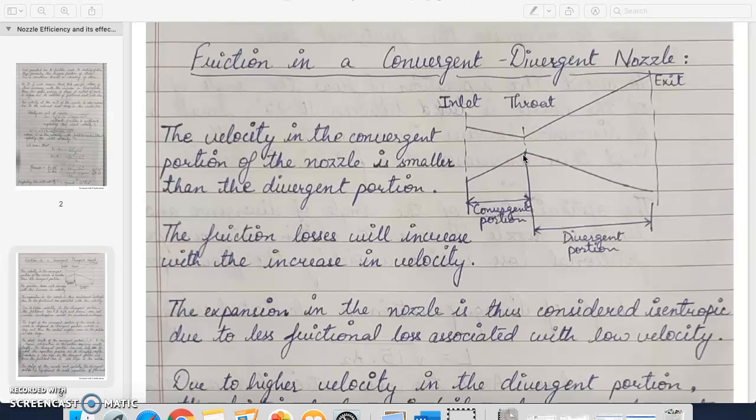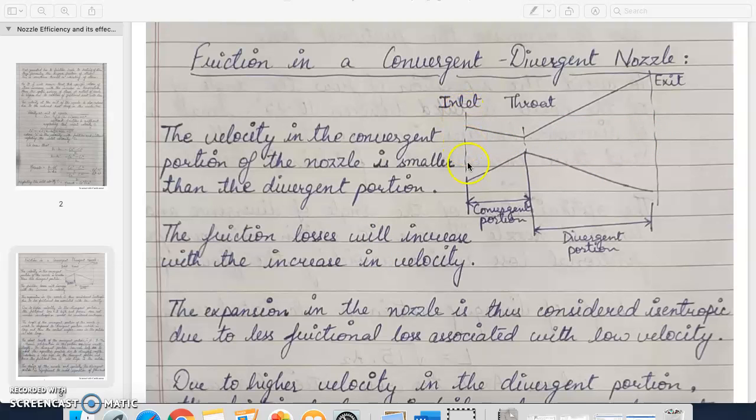Now what is special in the friction in the convergent divergent nozzle is, as you can see from this figure, that the portion which is convergent is smaller as compared to the divergent one. This is a very significant design of the nozzle, and why this is so will be discussed here. As we know, in the nozzle the velocity increases from inlet to exit.